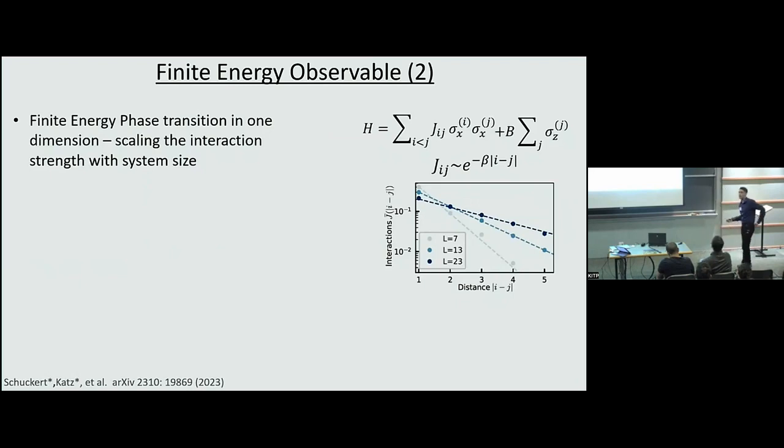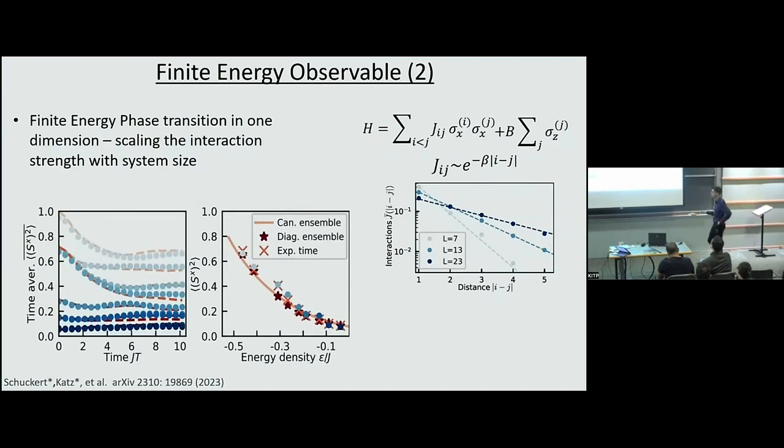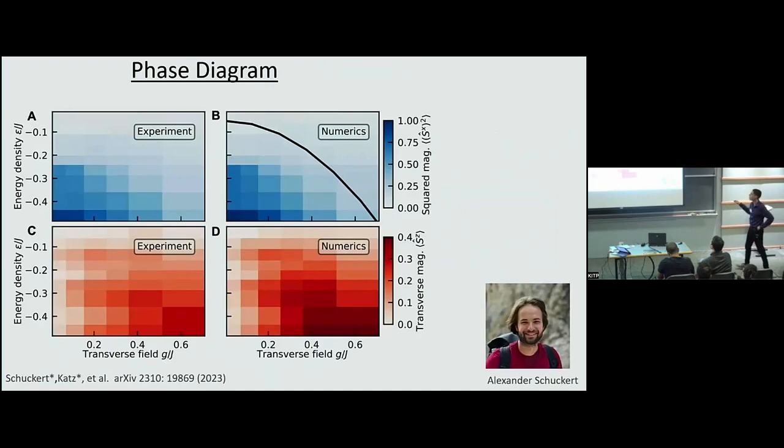And numerically, we found that there is a phase transition, and we can also use this technique and prepare different product states, for example, for L equals 13 spins. And then we can observe the dynamics as a function of time and reconstruct, for example, the squared magnetization that we have here. And using that, we can construct the phase diagram. Here you can see the squared magnetization that we have for the ferromagnetic case.